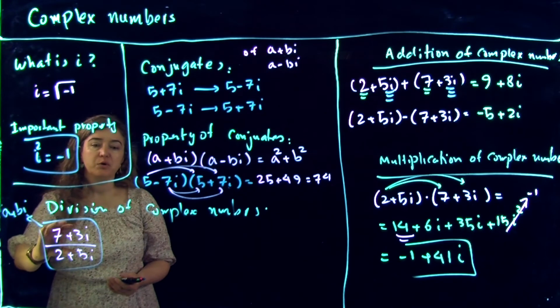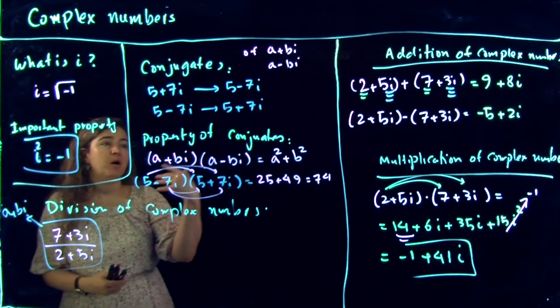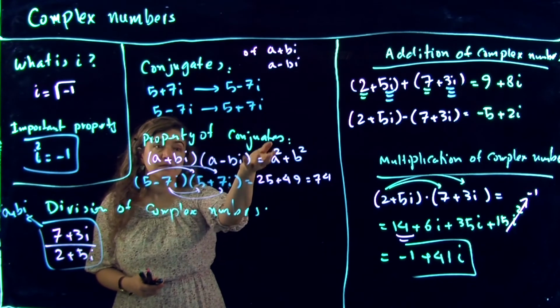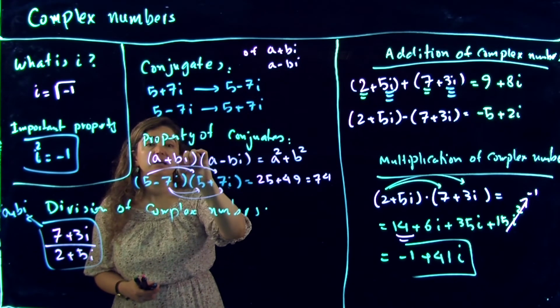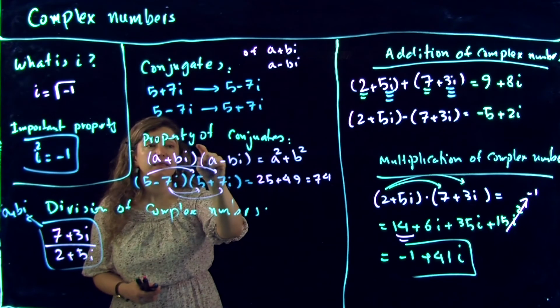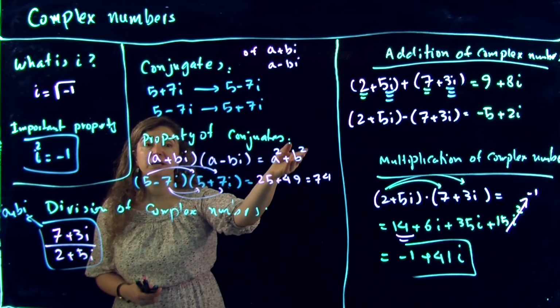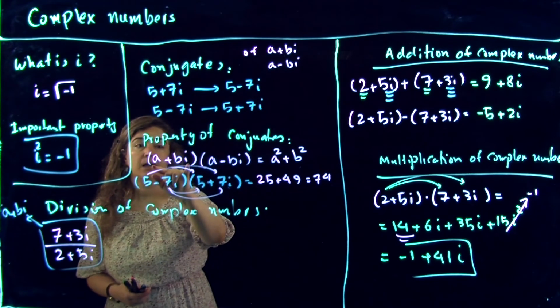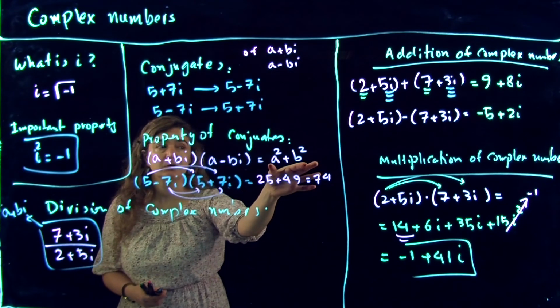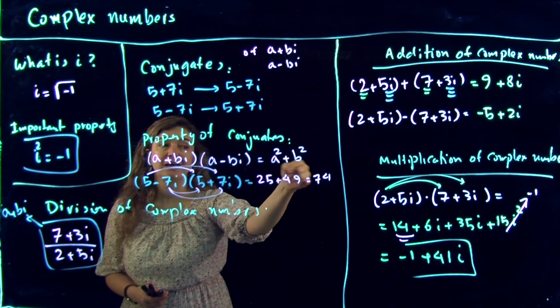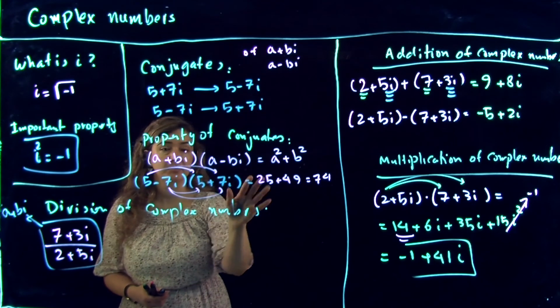So what do we do? The beauty of the property of conjugates is that when you multiply by the conjugate, the result is going to be a real number. Look at this: a plus bi times a minus bi is equal to a squared plus b squared. And that's a real number. The i disappeared.